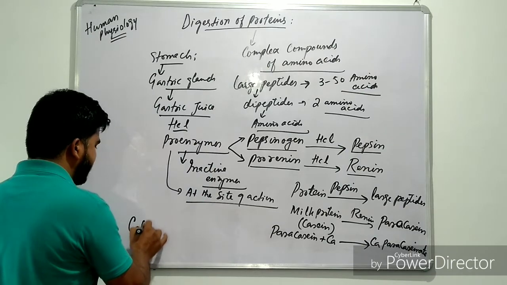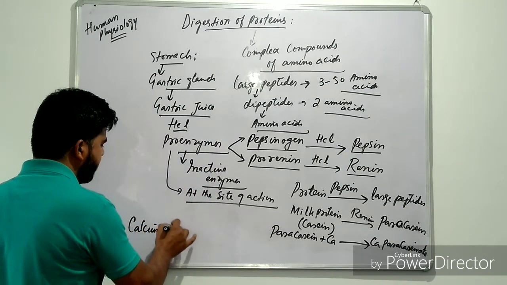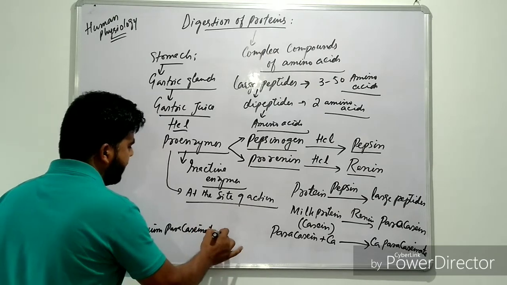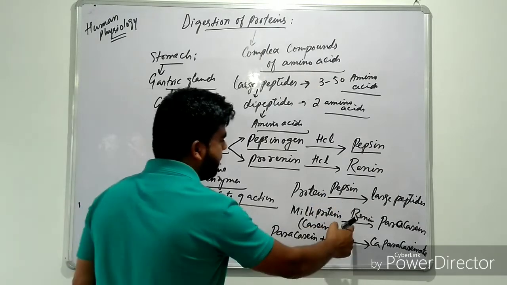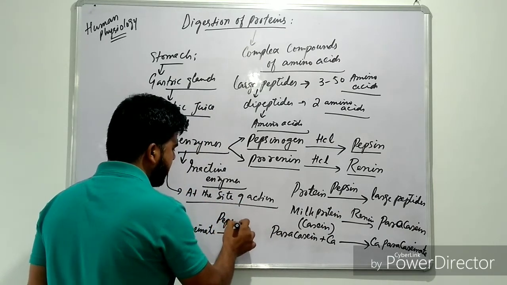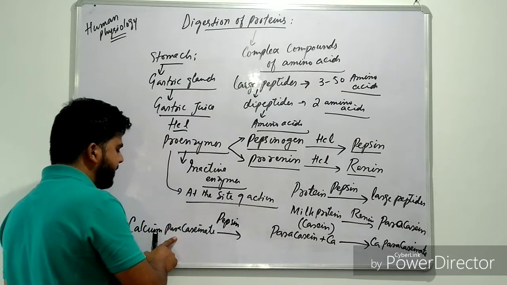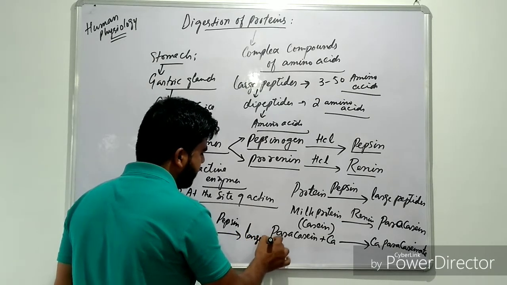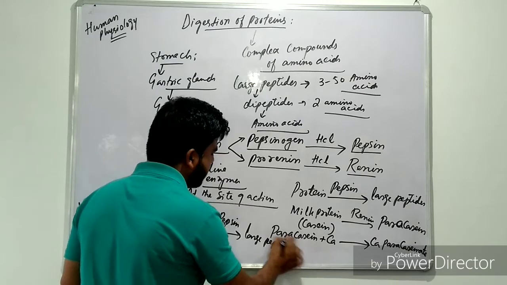I will write here. Calcium paracaseinate will be again acted upon, not by the renin, but by the pepsin. And it converts this calcium paracaseinate into the large peptides.